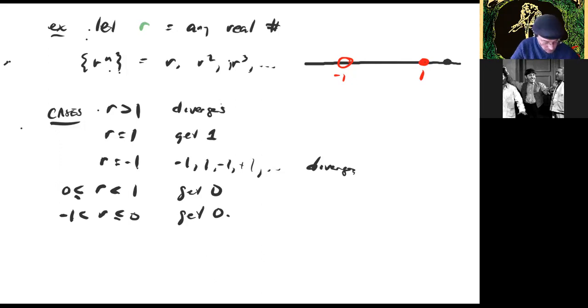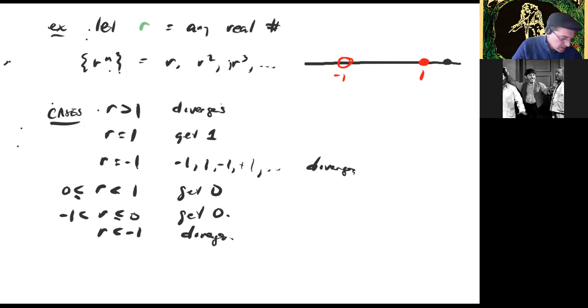Lastly, what happens when R is less than -1? Then the powers of R, depending upon whether they're even or odd powers, blow up to a very large number that oscillates between a very large positive number and a very large negative number, like plus a billion, minus a billion, etc. It's going to oscillate, so this diverges.